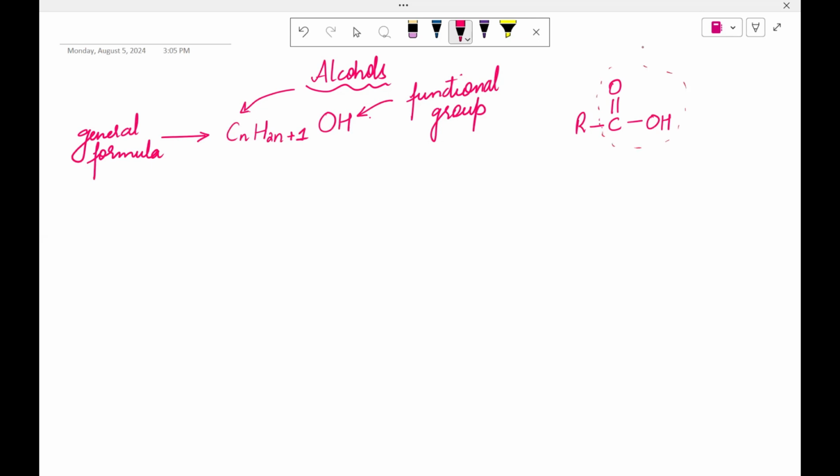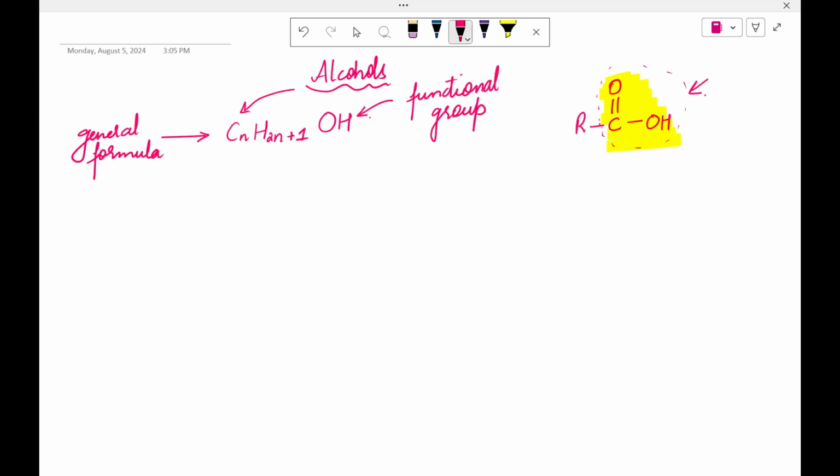No, it is not, because in aldehyde we had only H at this point. This formula represents the carboxylic acid group. So this is not an alcohol.